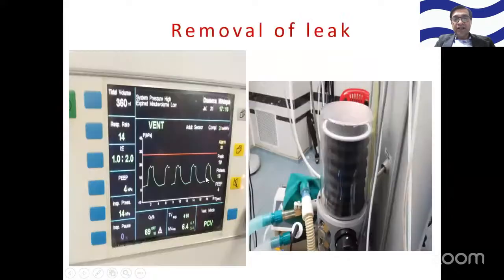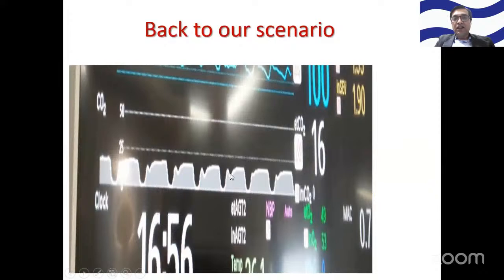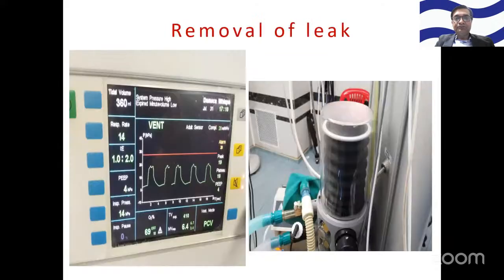When we corrected this leak and the bellows were filled up properly, we then saw the typical waveform of the ventilator graph, and you can see the tidal volume we expected was 360, and now the expired tidal volume is roughly around 410, right? So there was a leak which was producing this kind of waveform, which was a little early and quite constant. So leak is another scenario, which is equipment related, that can produce this kind of notch in phase three, right?